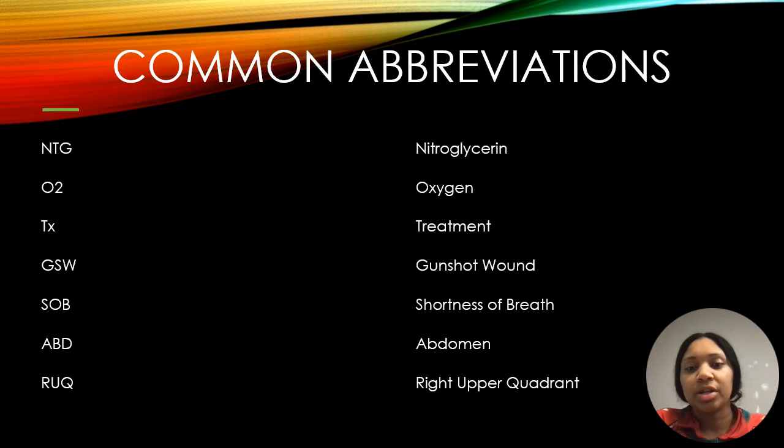Like NTG would be nitroglycerin, O2 is oxygen, TX would be treatment, GSW is gunshot wound, SOB is shortness of breath, ABD, abdomen, right upper quadrant, left upper quadrant, left lower quadrant. So LLQ, RUQ, those type of things would be common to know.